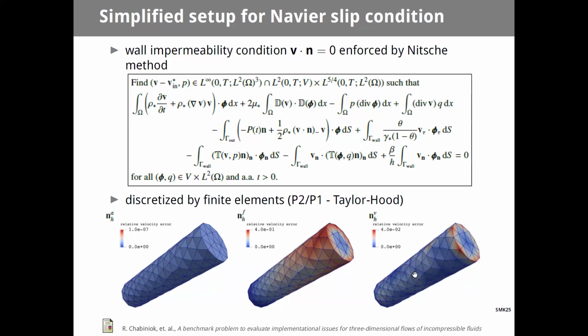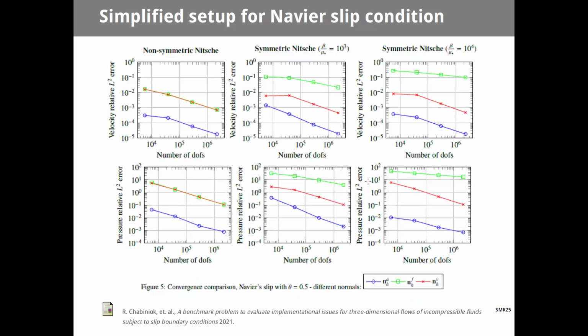And the last one, which is a little bit better, the normal is averaged over each vertex and then linearly interpolated on the triangles. And then this leads to a little bit better approximation. But what's clear is that this is quite sensitive to the treatment of the geometry.